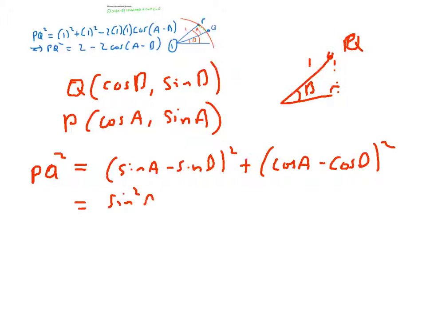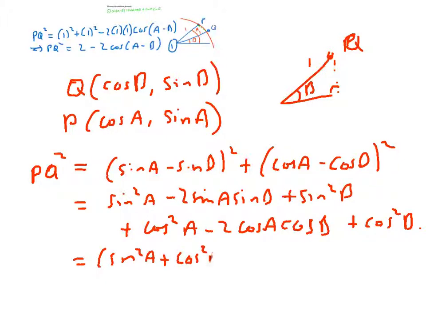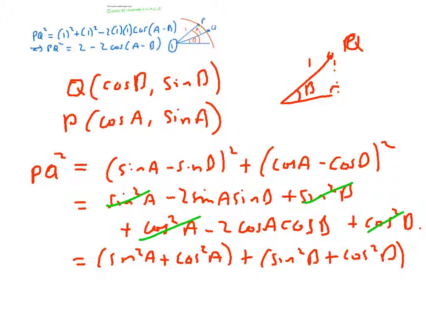If I expand those brackets, I get sine squared A minus 2 sine A sine B plus sine squared B, and then expanding this one, plus cos squared A minus 2 cos A cos B plus cos squared B. Now if I group sine squared A plus cos squared A together, and then group together my sine squared B plus cos squared B, I'm left with minus 2, taking the factor of 2 out, sine A sine B plus cos A cos B.